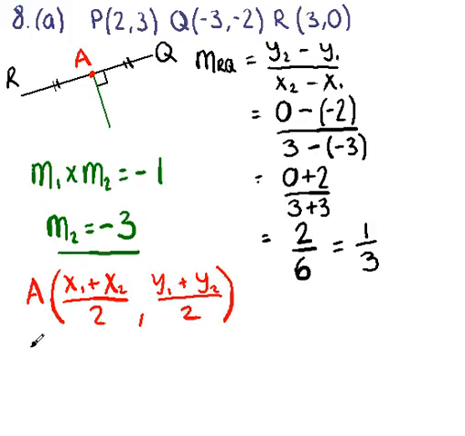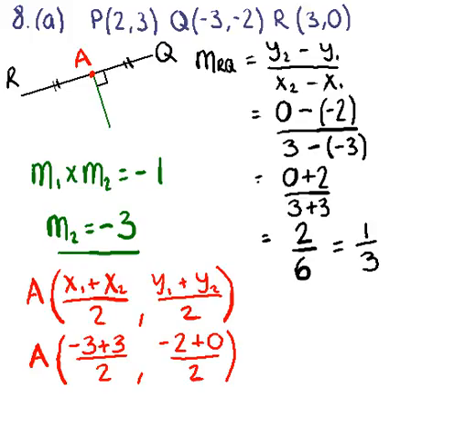Remembering that we're working with points R and Q again, substituting in our values, we get x1 is minus 3, x2 is 3 over 2, and then y1 plus y2, so that's minus 2 plus 0 over 2. Minus 3 add 3 is 0, and 0 divided by 2 is just 0.